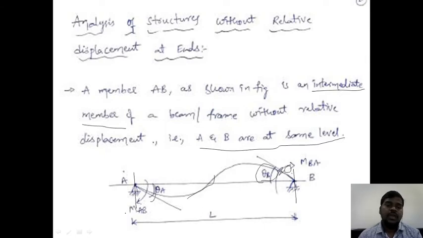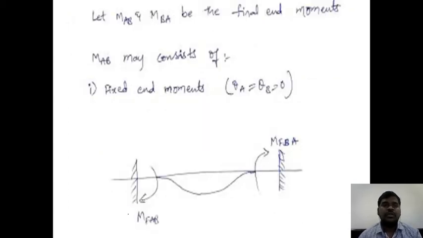So MAB, moment AB, what is this? This is the final moment AB. So what does that final moment comprise of? Let MAB and MBA be the final end moments. Just now I told you final end moments, but for suppose MAB is the sum of MFAB, that is fixed end moments.